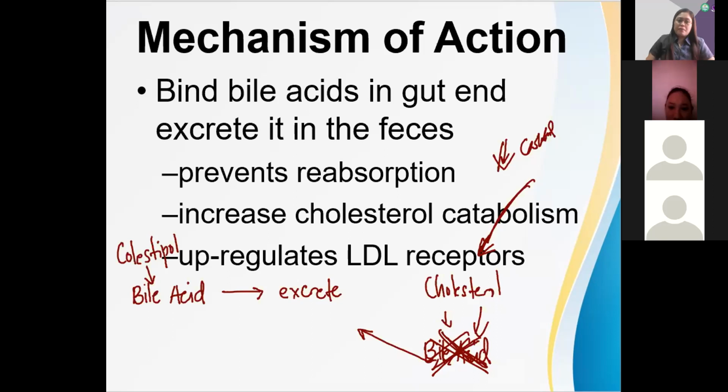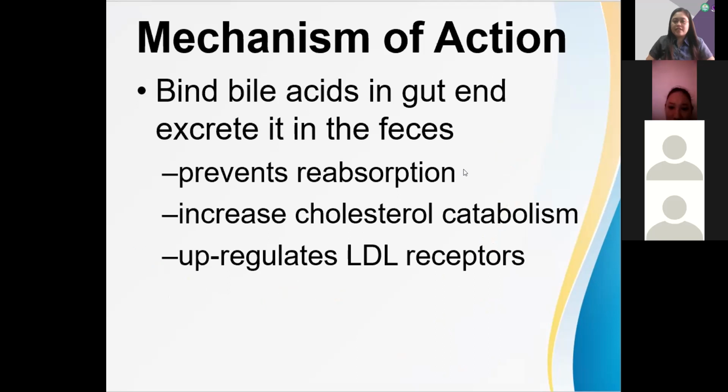That's how the bile acid sequestrants help decrease cholesterol in the body.